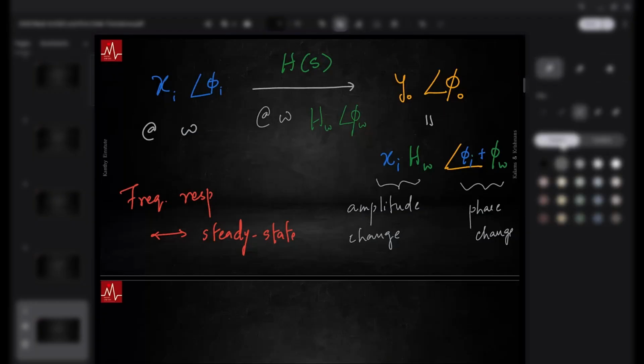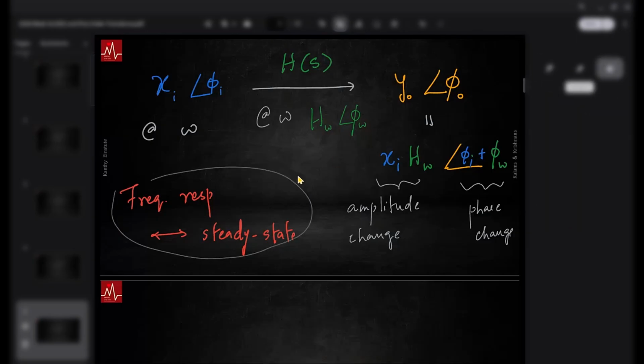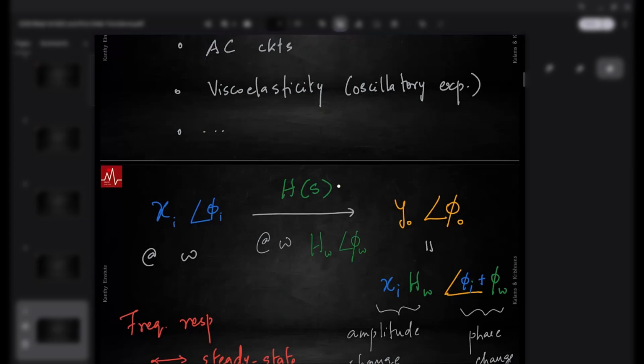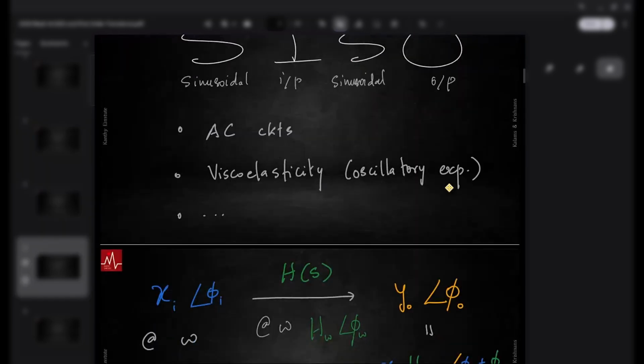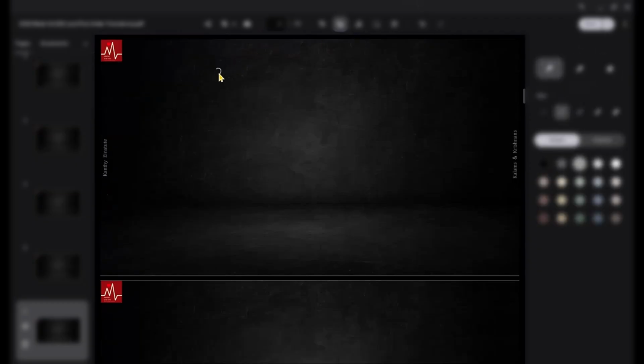In fact, I will also show an example of what we mean by steady state and transients. So let's take our example. H(s) is 1 by s plus 5. x(t) is cos(10t minus 50 degrees).